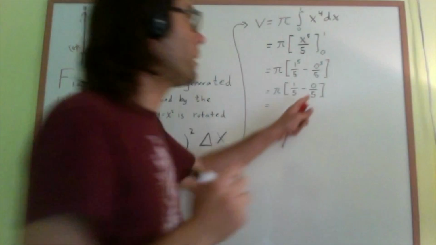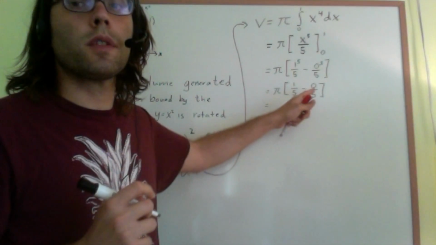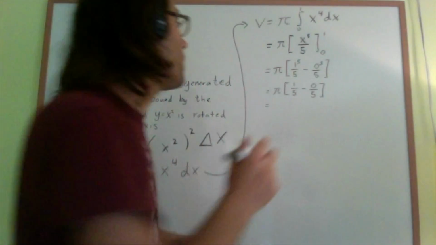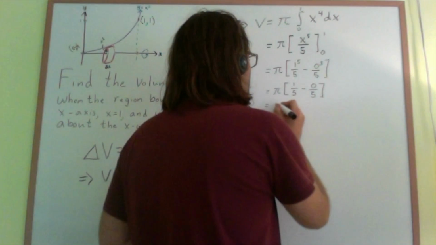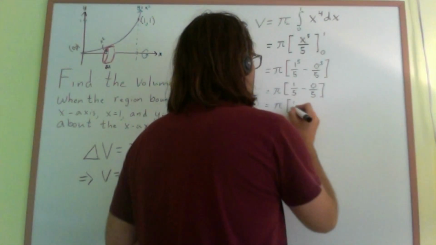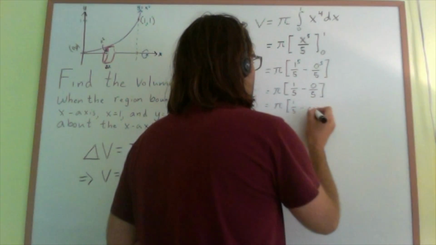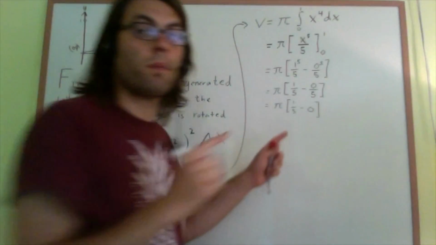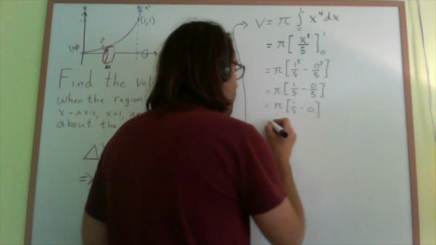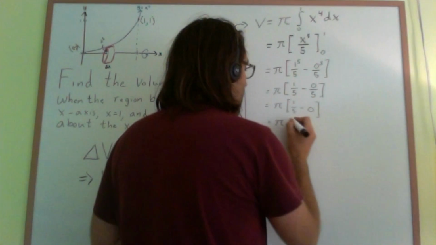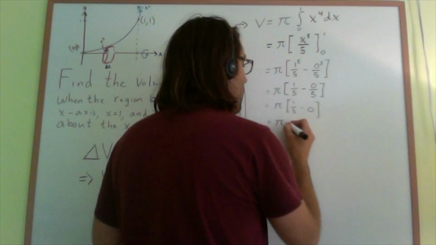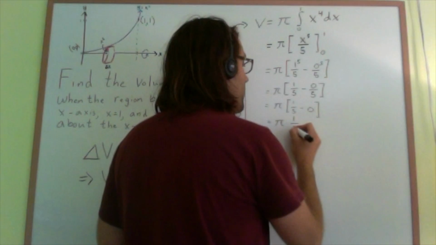And any number divided by 0, or 0 divided by any number, is 0. One-fifth minus 0 is 1/5. And we can go ahead and drop the brackets.